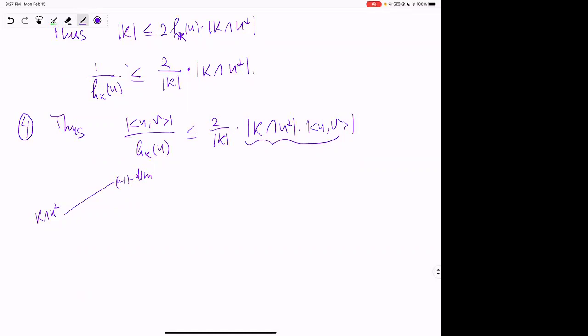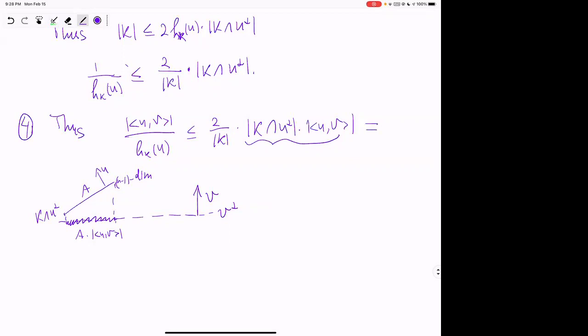So if I'm doing that, I'm actually doing nothing but projecting it onto a hyperplane orthogonal to V. If this is A, then this is A times the scalar product of U and V. If this is orthogonal to U, this is orthogonal to V. I project a little flat piece, I just multiply by the cosine of the angle between them, which is the scalar product.